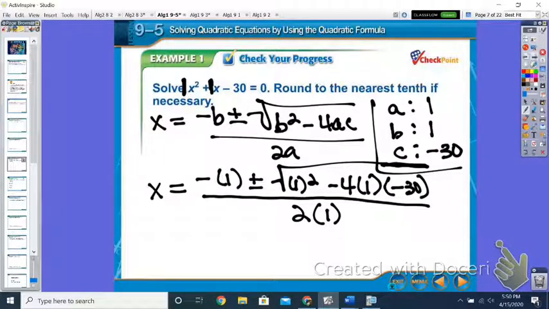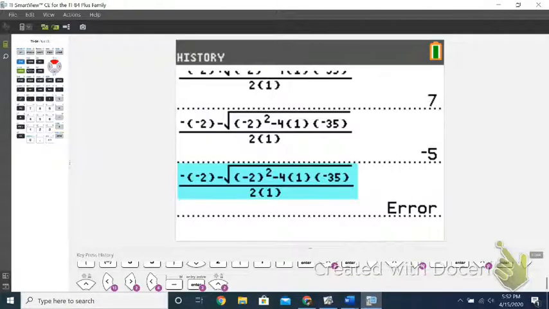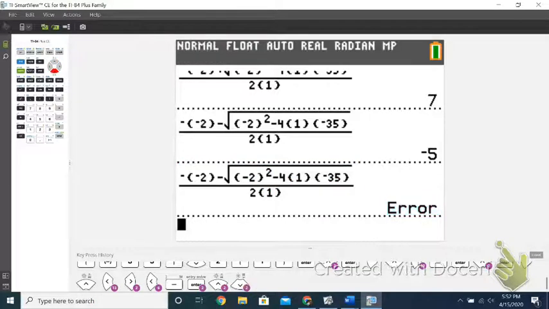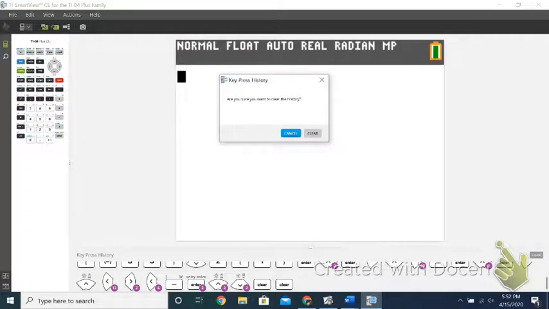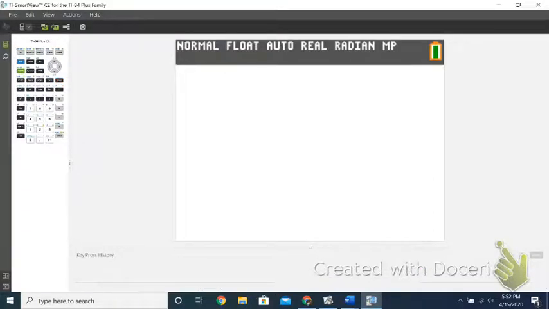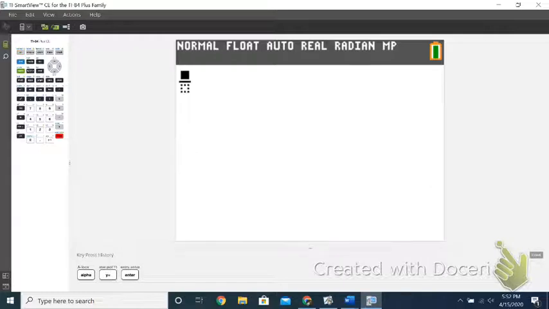All right, yeah. So if I go back to the calculator, okay, I'm going to clear all that out. So we're starting fresh. I'm going to clear my key history, and we'll start over. So I'm going to do alpha, y equals, enter, to get my fraction set up.